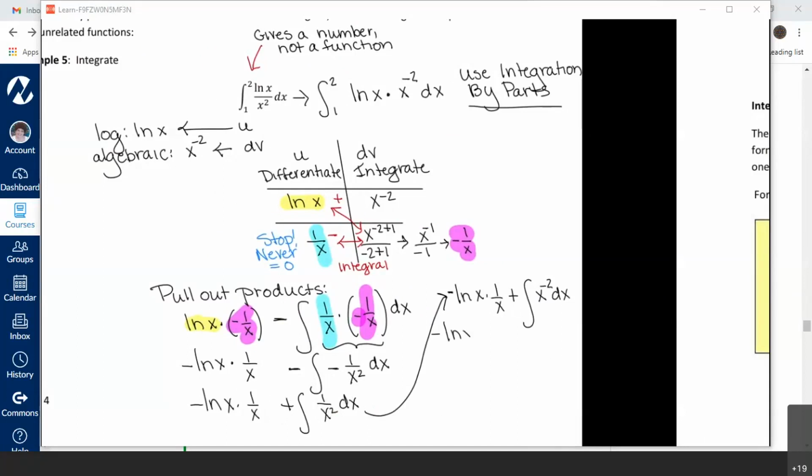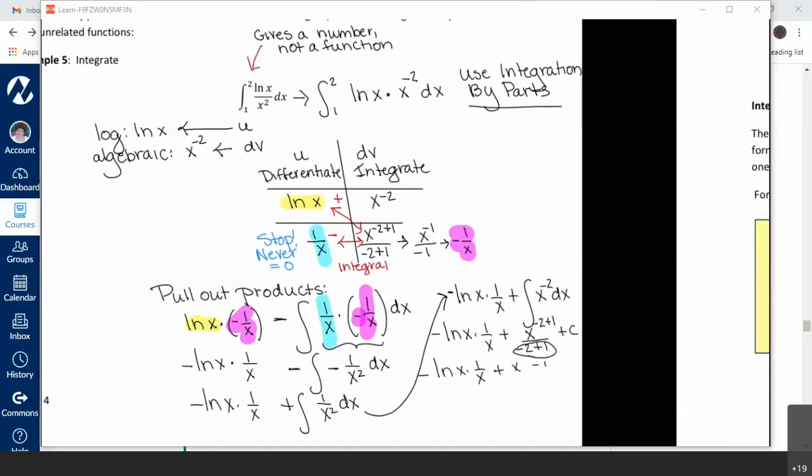And then integrating that, this part I'm just copying. This says add 1 to the exponent. Put your answer over the new exponent. So minus ln x times 1 over x. This is going to give me a negative 1 down here and a negative 1 up here.